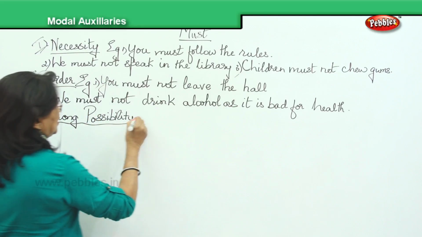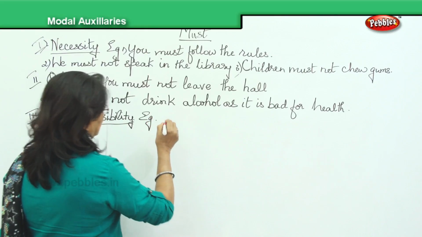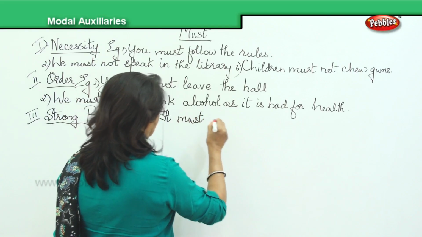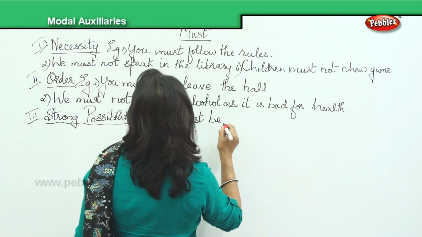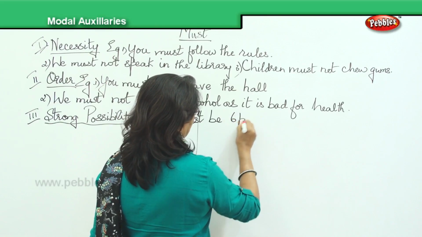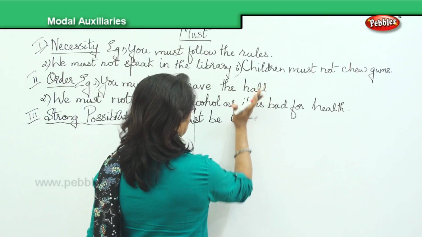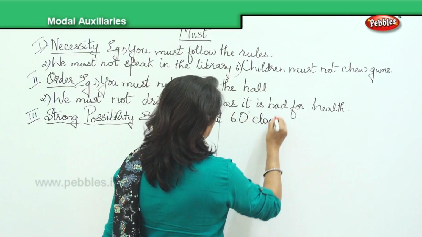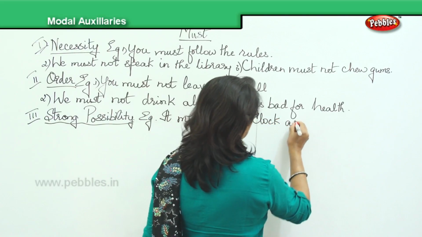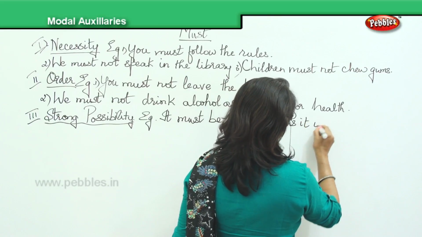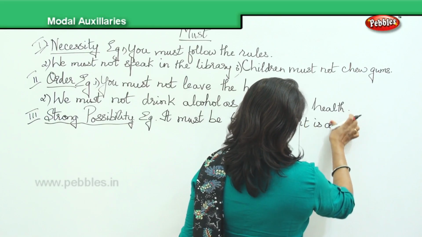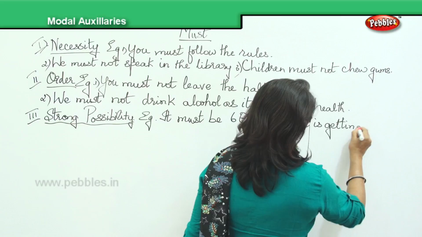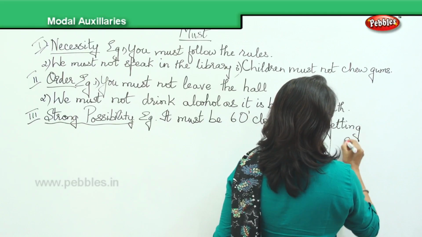If I say, for example, it must be 6 p.m. or 6 o'clock, as it is getting dark.